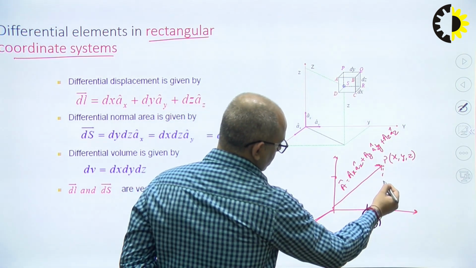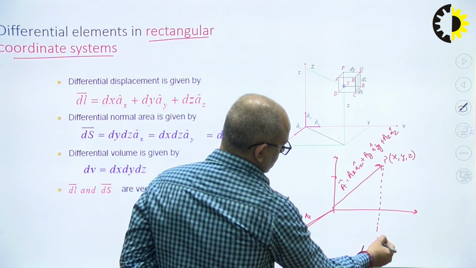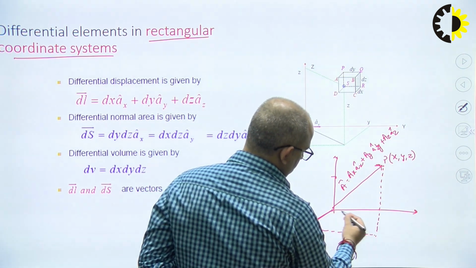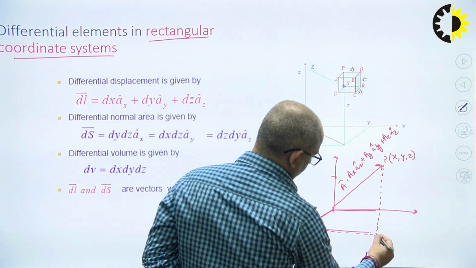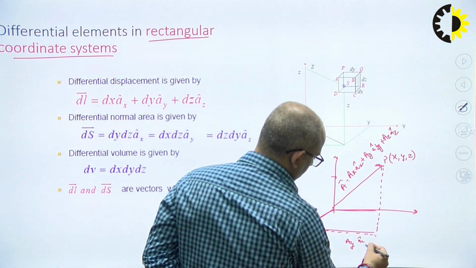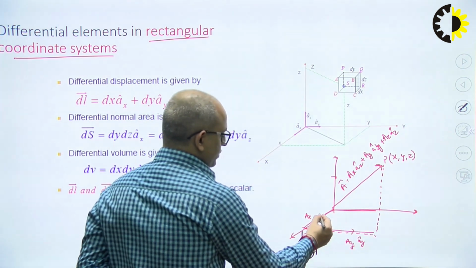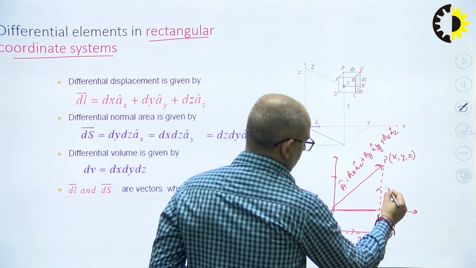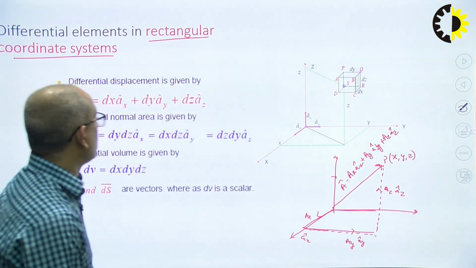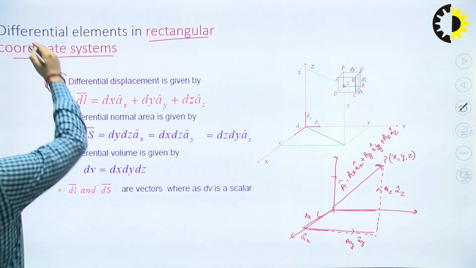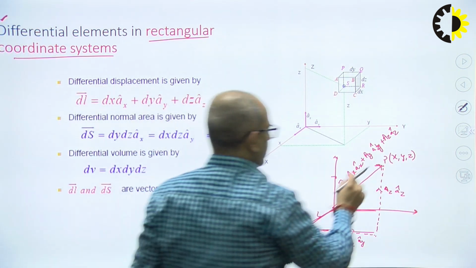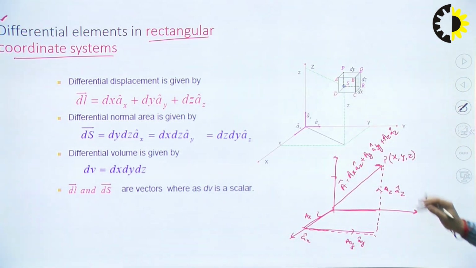If I take the transformation in this area, this one is the Ay in the direction of a cap y, clear, and this one is the Az in the direction of a cap z. Now for taking the differential elements, a very small unit of this point source will be considered.